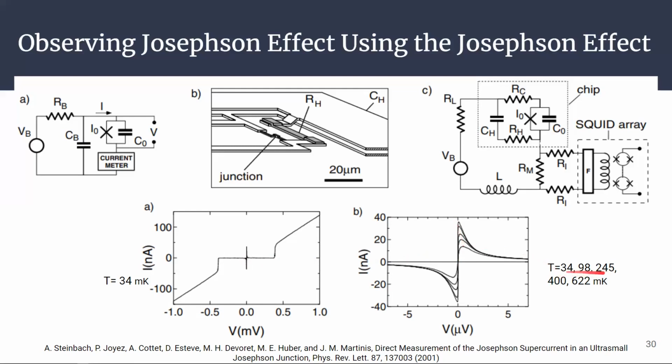And of course, the temperature here is very low. They are working at 34 millikelvins for the most precise measurement. I won't go into details of explaining their circuitry, but you're free to check their paper.